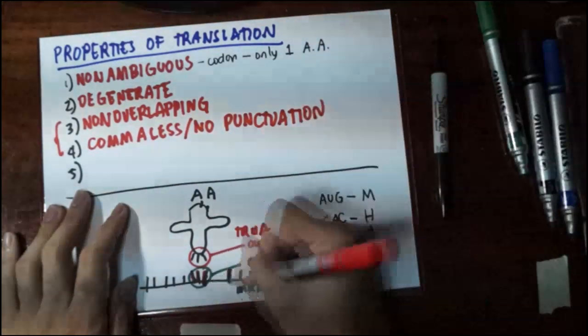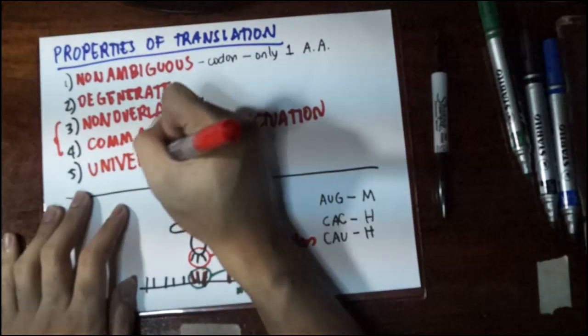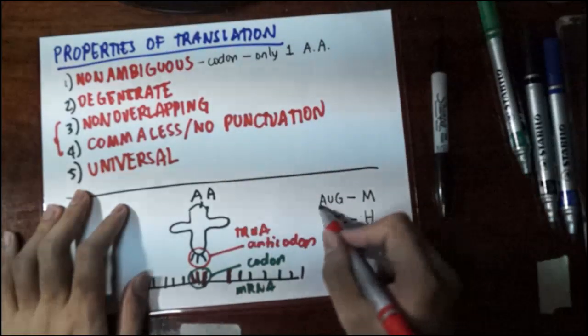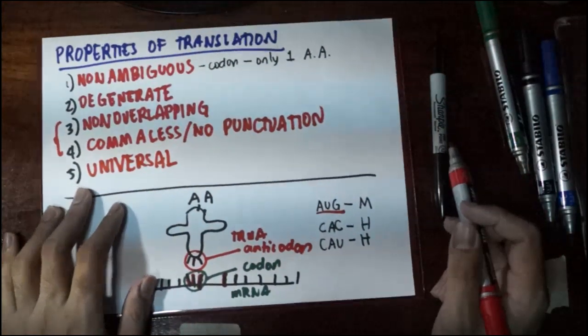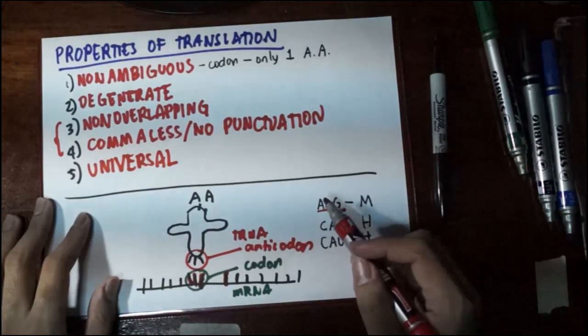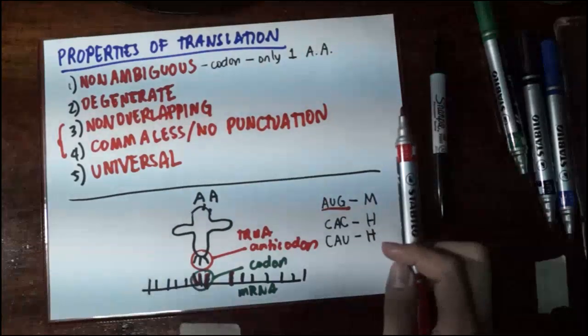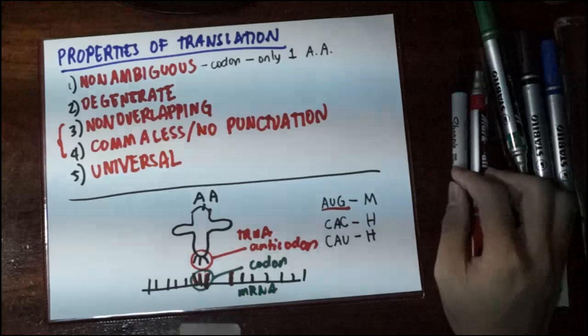All the nucleotides must be read. You cannot skip. And then finally, universal. Meaning that for humans, if I have AUG coding for methionine, most likely in fungi and plants and in bacteria, AUG will also code for methionine. It's the same throughout all species or organisms or even kingdoms.